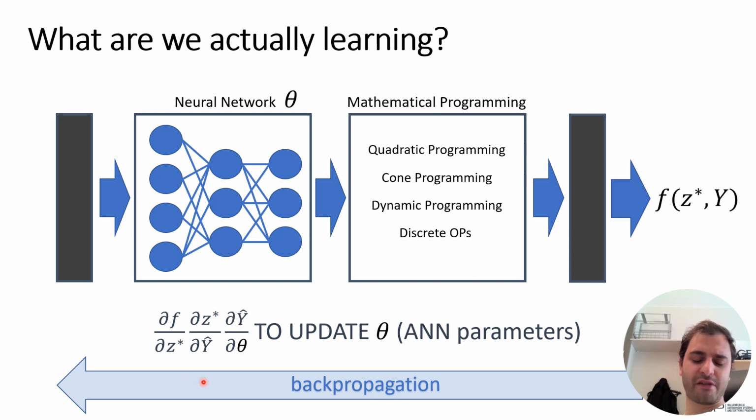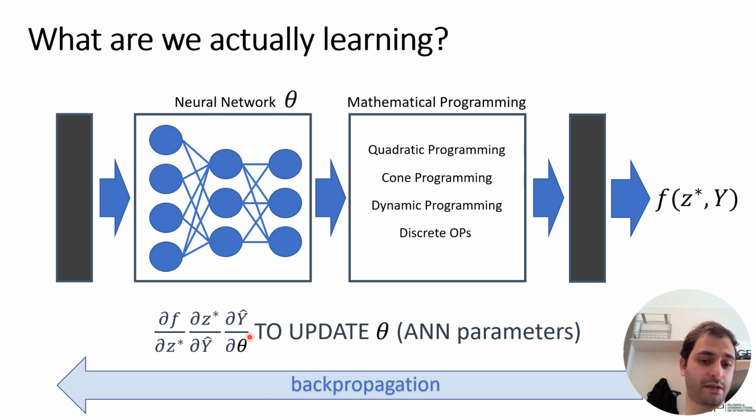So you have this chain rule, which is the partial of f with respect to z star, then the middle one, the partial of z star with respect to y hat. This is the complicated thing, and we are going to see some works that focus on taking the gradients of this mathematical programming.